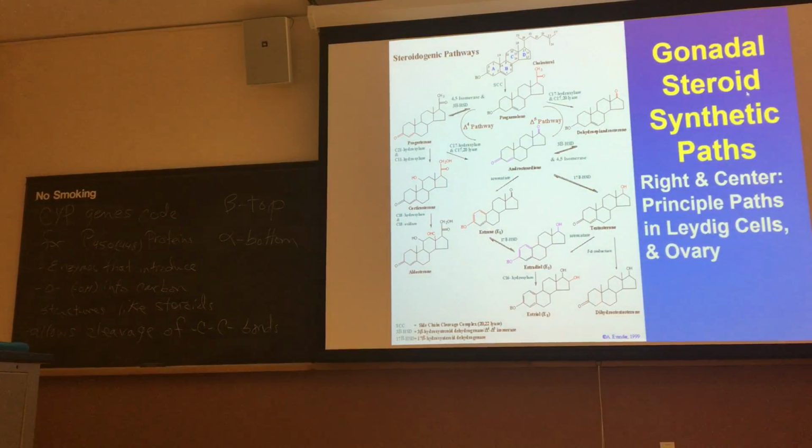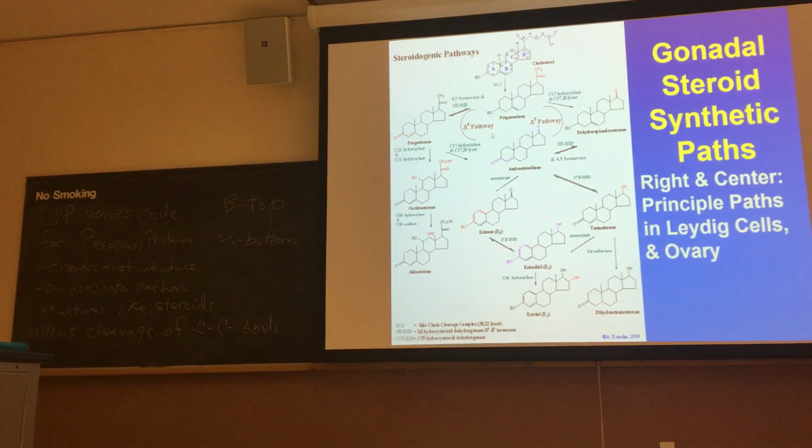Okay, this is a lot of the same information, but rearranged so it's more visible. Here's cholesterol up here with the structural information on it. Here's the side chain cleavage enzyme, which I just mentioned, the C20,22 lyase that takes off this chain. Notice that there are two pathways.